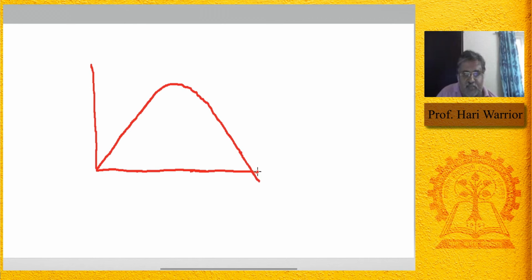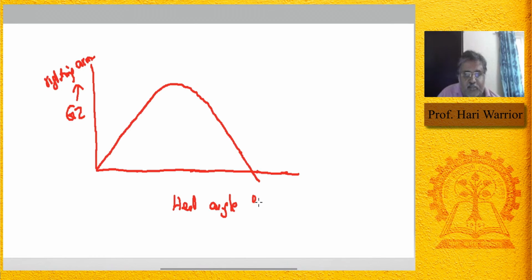Now what is this? This is GZ, the righting arm, and this is heel angle in degrees. It goes like this.